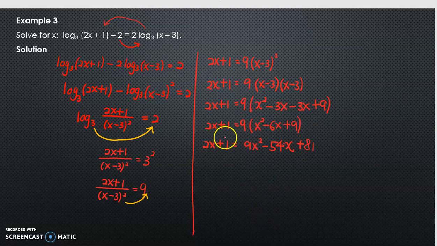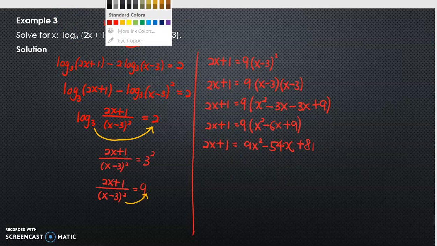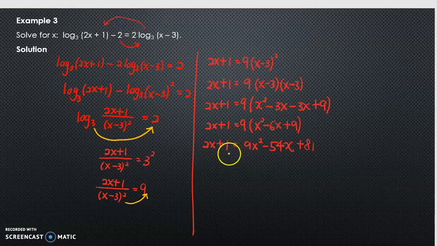So since this is a quadratic equation, one side must be 0. So next, I move 1 and 2x to the right hand side.